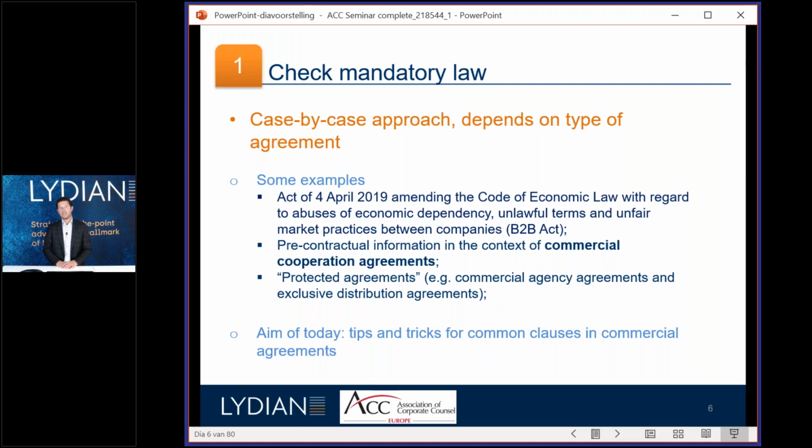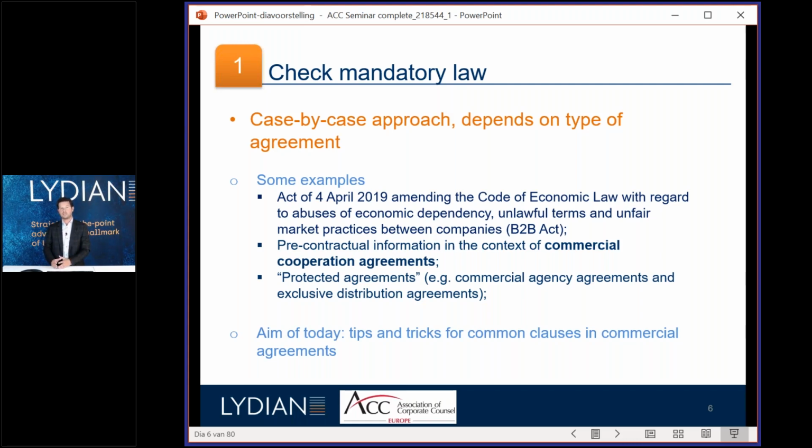A third example is protected agreements, and I refer to commercial agency agreements. It's not a typically Belgian concept because it derives from the EU directive, and we all have similar legislation in Europe, which is very protective for agents. What we have in Belgium that is very specific are exclusive distribution agreements, and I will elaborate a little bit on that during my presentation.